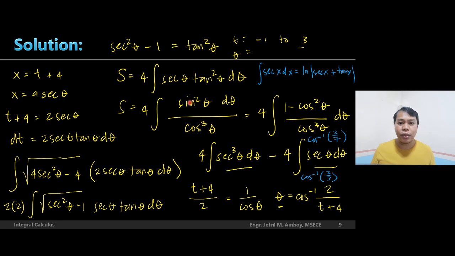Para less yung isusulat ko, ito na lang yung integrate ko sa calcu. So, 4 times the integral of sine squared x over cosine cubed x.